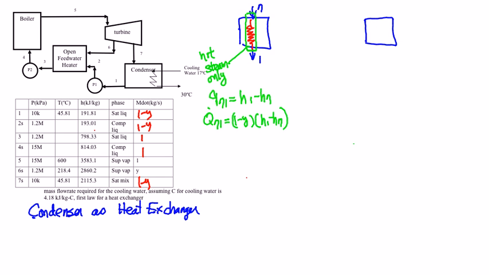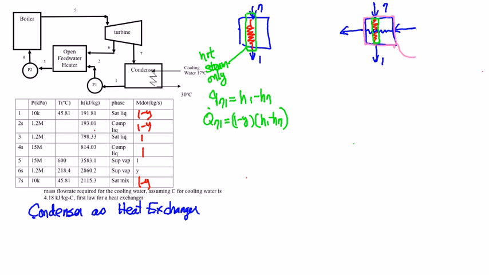When we look at the condenser as an exchanger, we are now looking at the control volume that includes both the hot steam and the cooling water. Let me circle the comparison of the two control volumes so that you can compare.